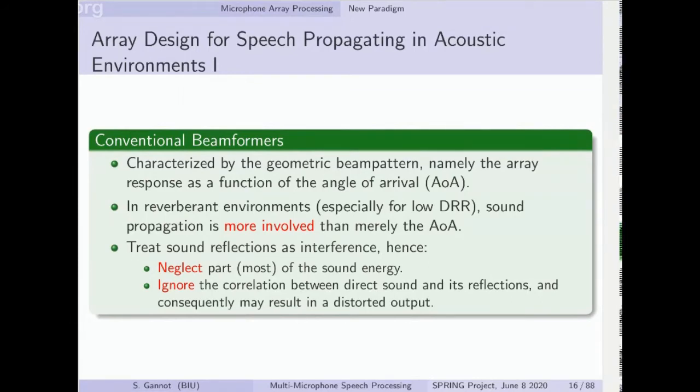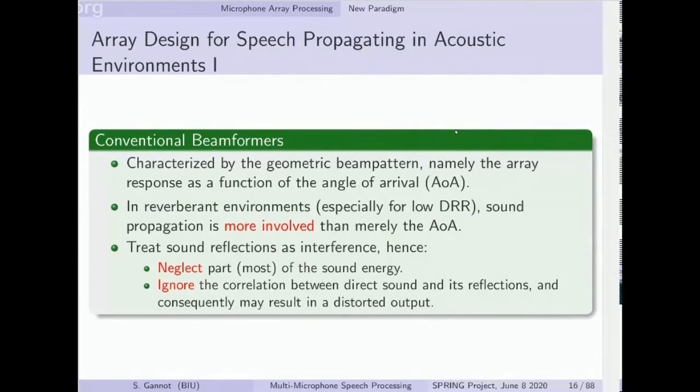Actually, the angle of arrival is only one arrival out of multiple, maybe thousands of arrivals. We would not like to ignore them, since if we do this, all of these reflections will become an interference source, a very severe interference source, which will not allow us to work properly.